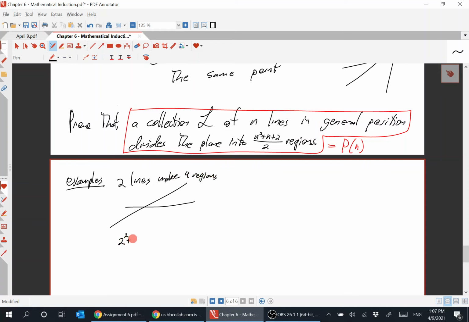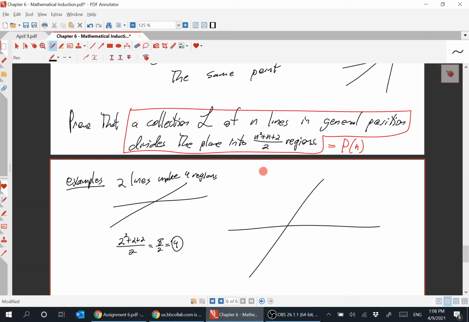Right, and 2 squared plus 2 over 2, that's 8 halves, which is 4. So now, whenever you have 2 lines, it always looks like this, up to whatever that angle is supposed to be. 3 lines in general position, again, always look the same up to changing the angle.